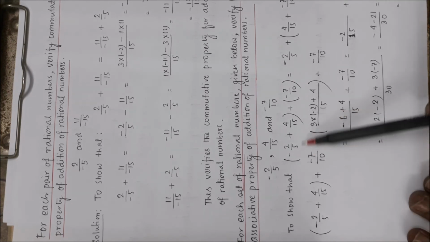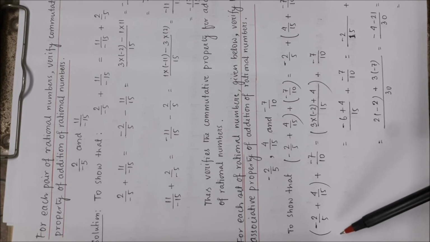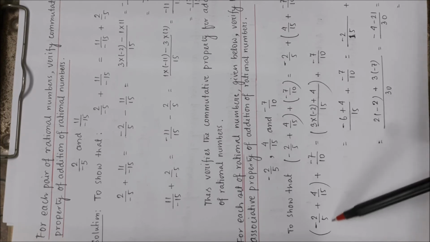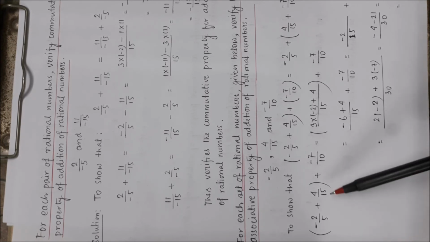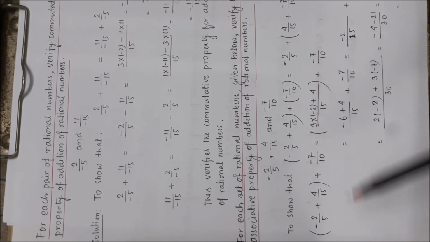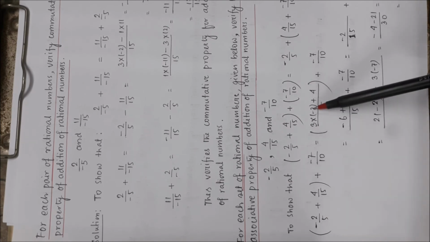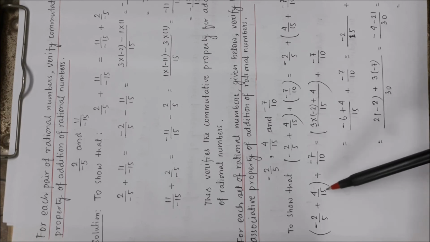So let us first simplify this part. Following the BODMAS rule, we need to simplify these two. We need to find out the sum of these two. 5 and 15, LCM is 15. 15 divided by 5 is equal to 3 multiplied by minus 2. 15 divided by 15 is 1 multiplied by 4 is 4.